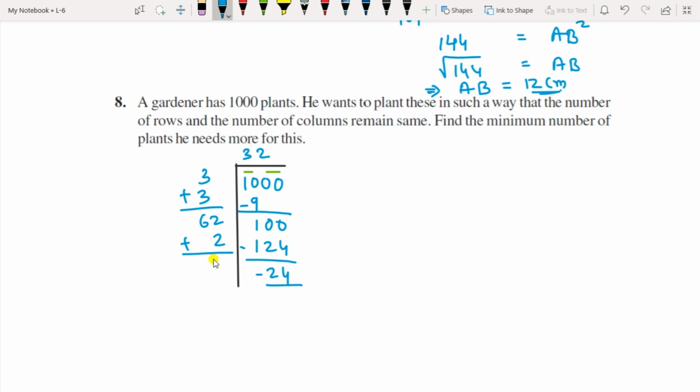Okay. So minus 24, that means 24 plants are required more. Therefore you have to write the answer that he will need 24 more plants to plant in the same number of columns and rows.